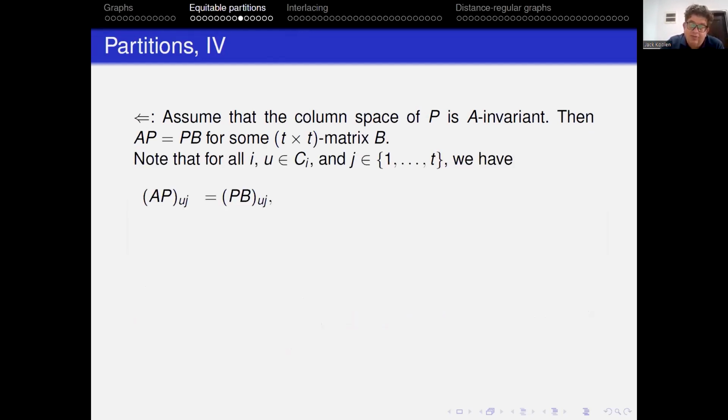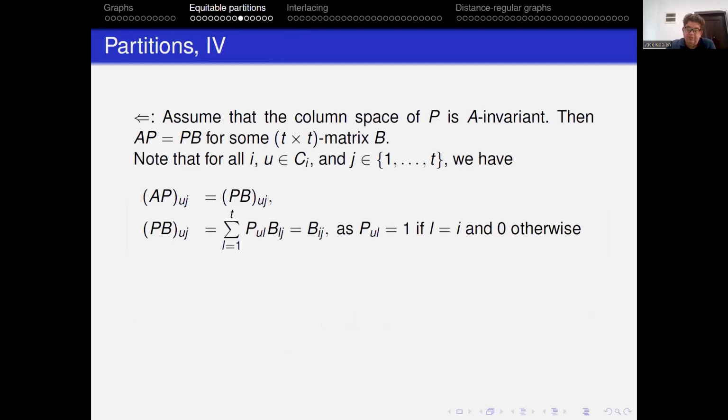So then we have this equation because AP is PB. We don't know B, what is B, yes? So we know that (PB)_uj is B_ij, as P_ul is 1 if l is i and 0 otherwise.